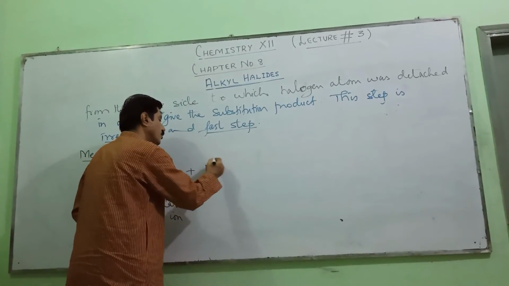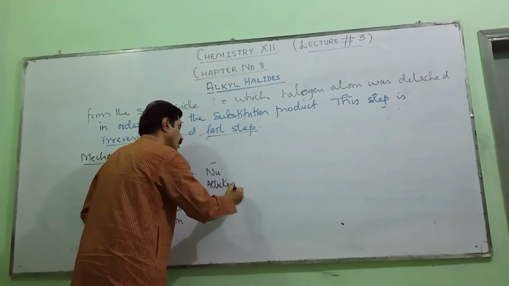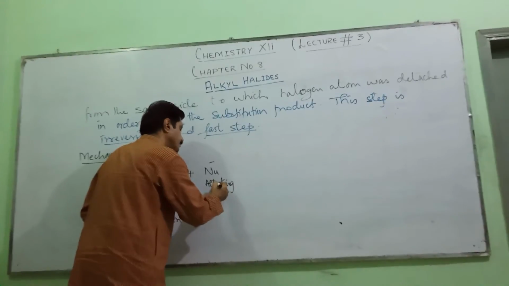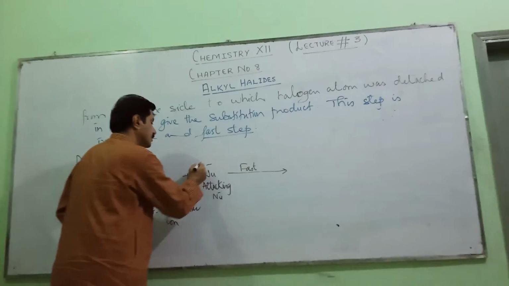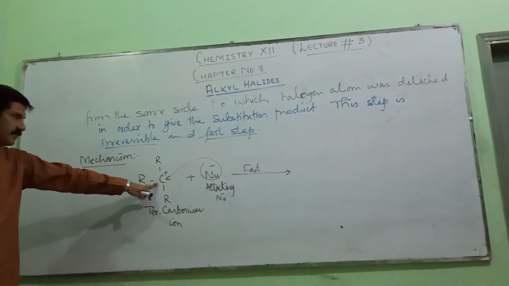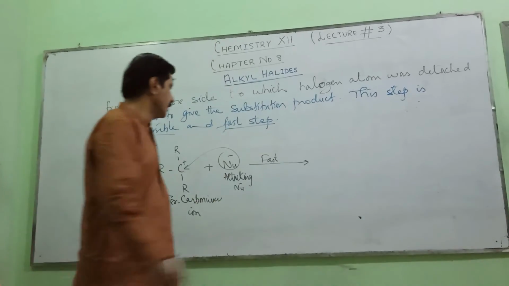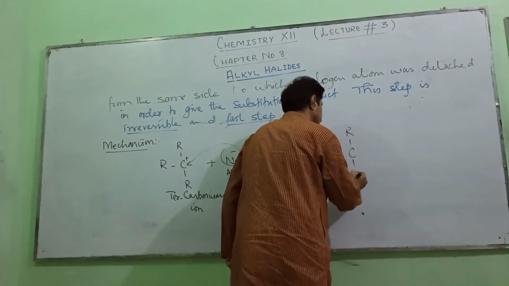This is the attacking nucleophile. Now this attacking nucleophile is free to attack the carbonium ion from the same site from which the halogen was removed, and the ultimate product will be the substitution product.